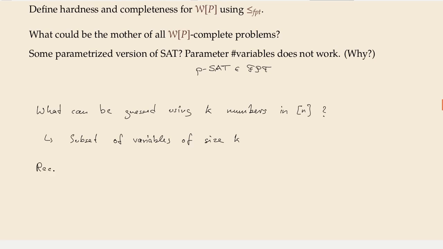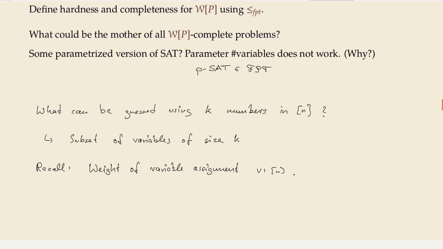Now, this is just to motivate the following definition. Recall what the weight of a variable assignment was. I mentioned it at the very beginning as one of the examples for parameters.